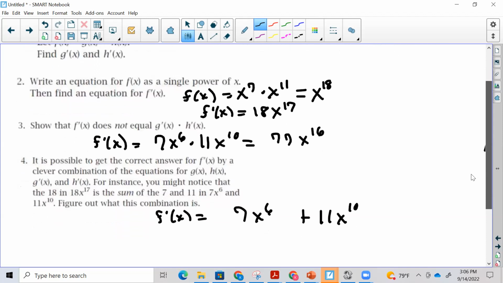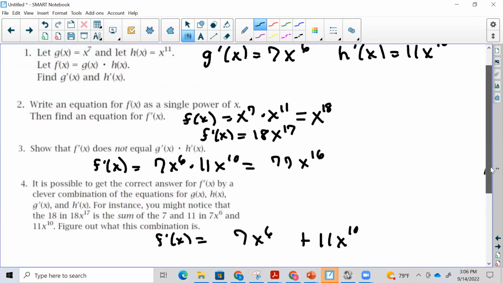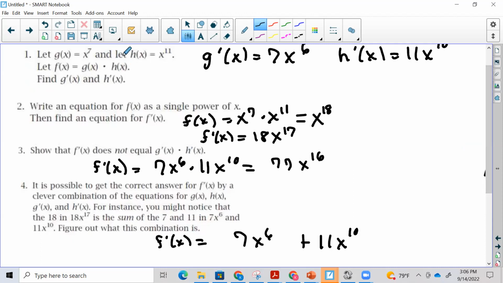And it's not to the 17th, it would be 2 separate terms. So we need to look at, how do I get this to be to the 17th and how do I get that to be the 17th using the original functions g and h. So this is g prime and this is h prime.